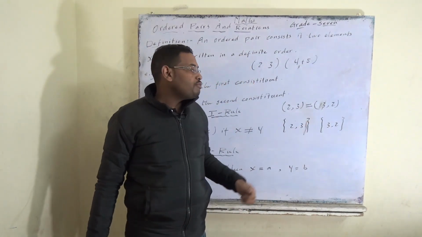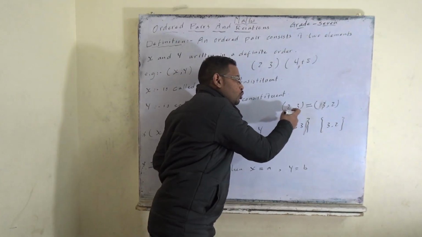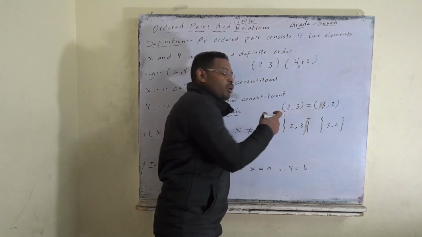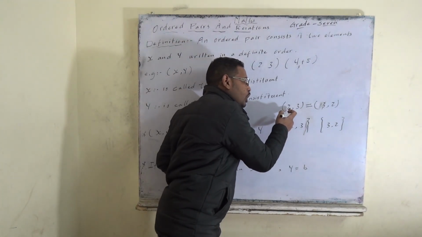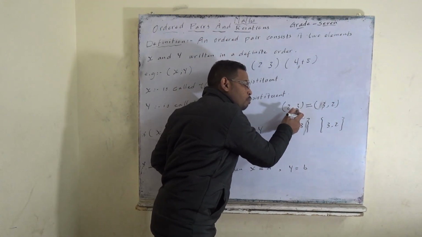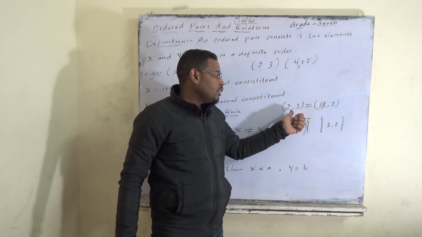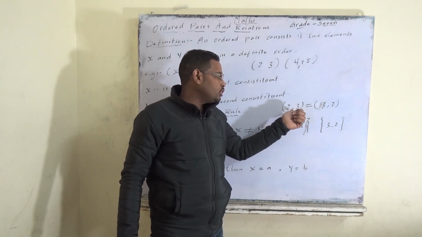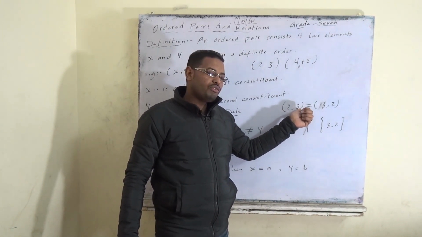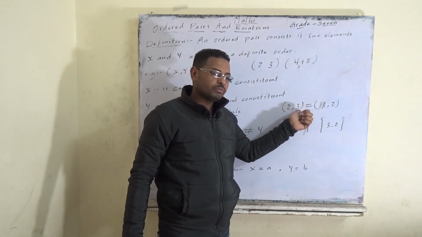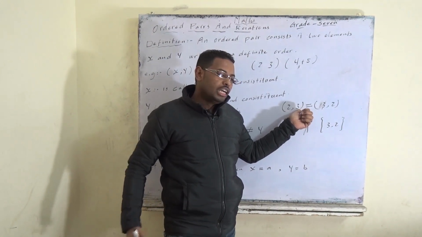Then, if I change the position of the numbers, now we are saying Liverpool was beaten by Manchester United, isn't it? If I bring these 3 here and these 2 here, what is going to happen?